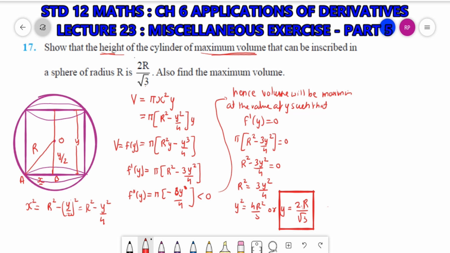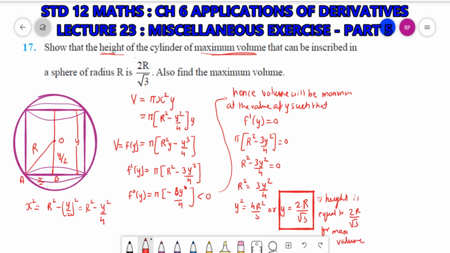That the height is equal to 2r by root 3 for maximum volume.